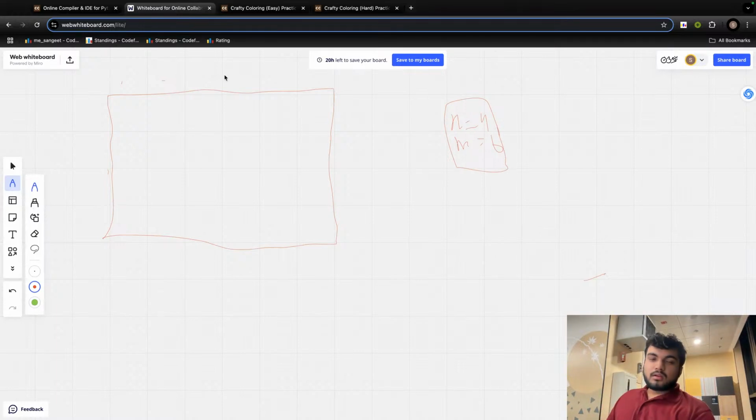Generally, make it a rule of thumb that in most of the cases where we have to fill something into the matrix, we generally move backwards, right? If it is not a dp problem, we move backward.